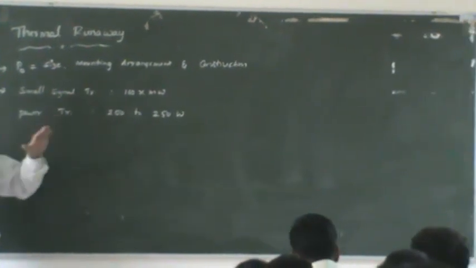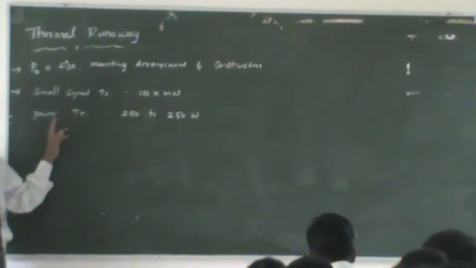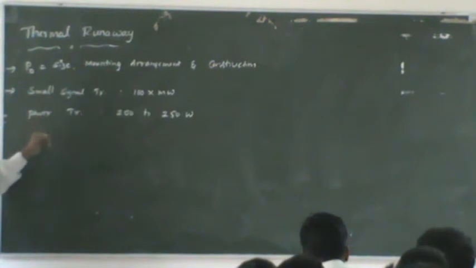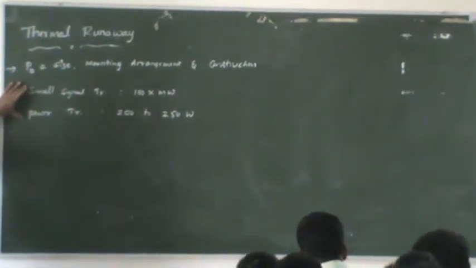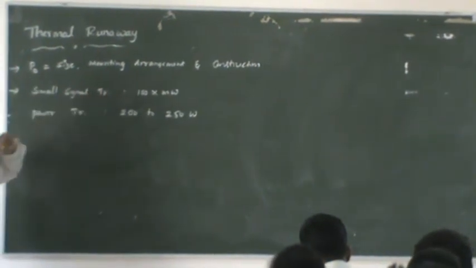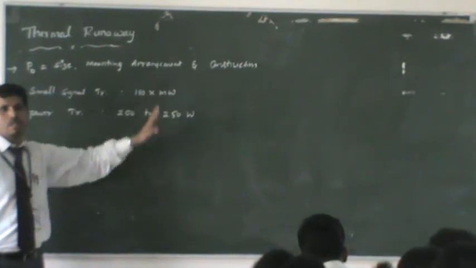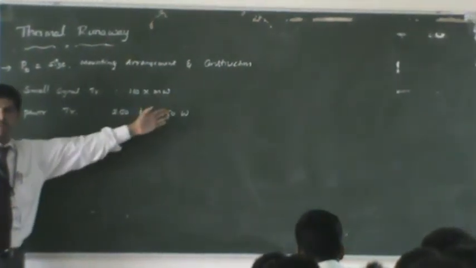Even the symbolic representation and everything is the same, but this handles larger current and voltage levels. That's a different aspect of transistors. Different types of transistors exist based on the amount of power they can dissipate. Small transistors in our laboratory handle a few hundreds of milliwatts, not more than that, and power transistors 200 to 250 watts.